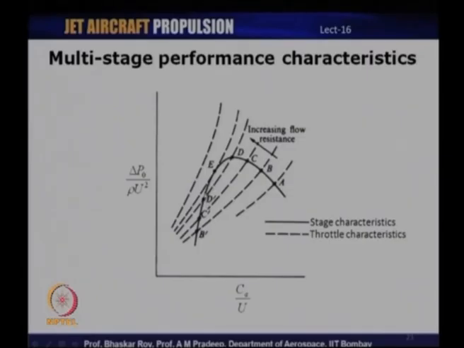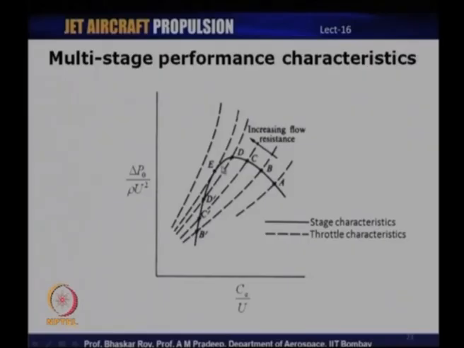Because what happens here is that as we reduce mass flow on the right hand side of this particular line, let us say on the right hand side of E, as we reduce mass flow, it is accompanied by an increase in the pressure ratio, whereas on the left hand side, as we reduce the mass flow rate, it results in a reduction in pressure ratio, which means the pressure downstream is lower than the pressure upstream, and that can lead to a sudden fluctuation in mass flow rate.